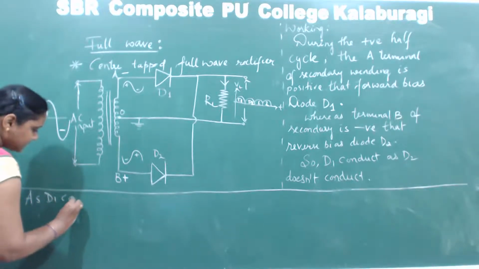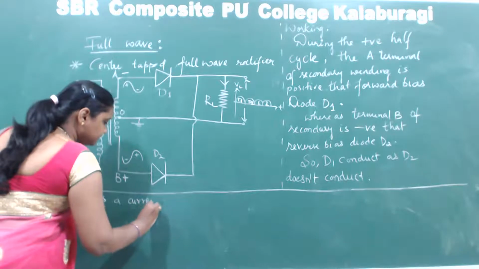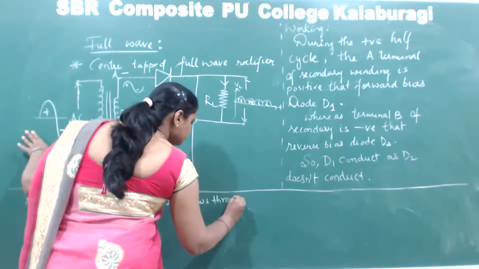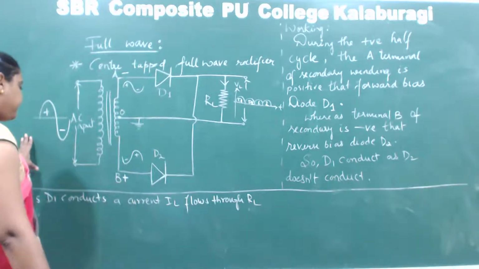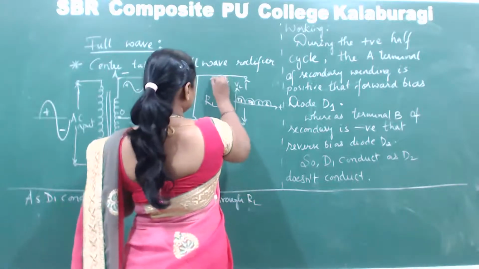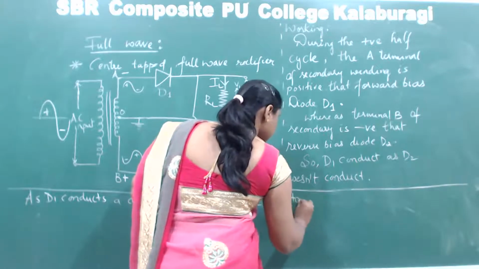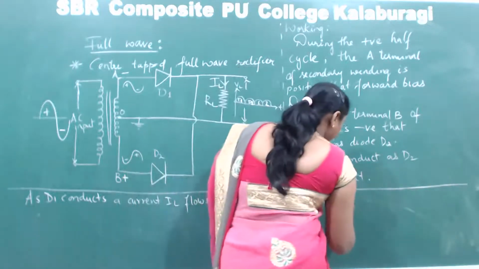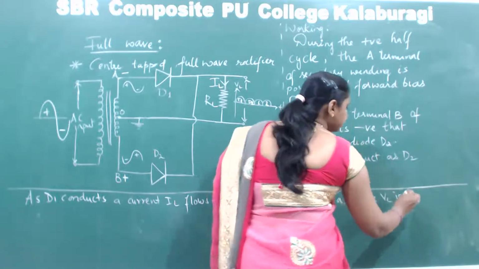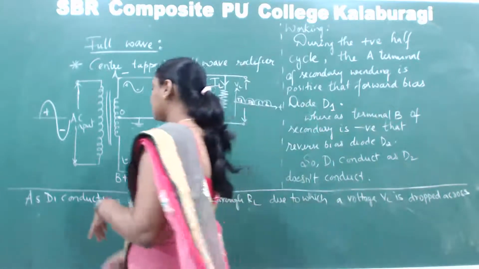As D1 conducts, a current IL flows through RL, due to which a voltage VL is dropped across RL.